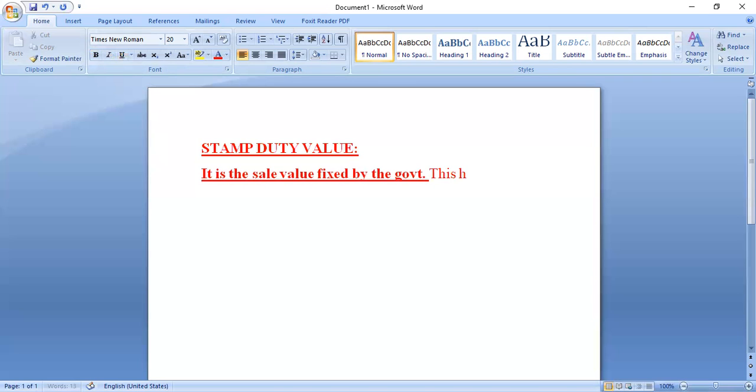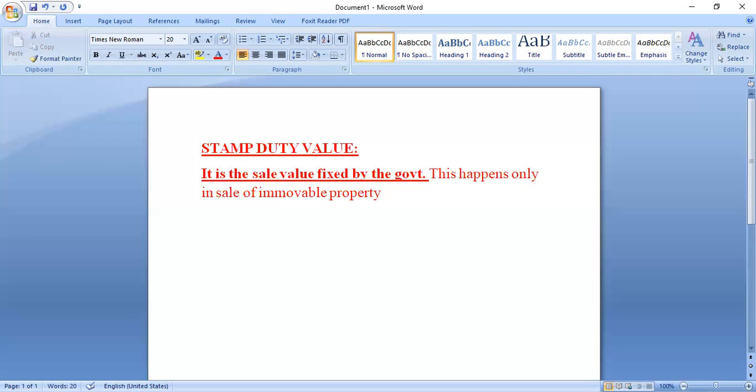This happens only in the sale of immovable property. If you're selling land and building, sometimes in the problem you may get a new term called stamp duty value.